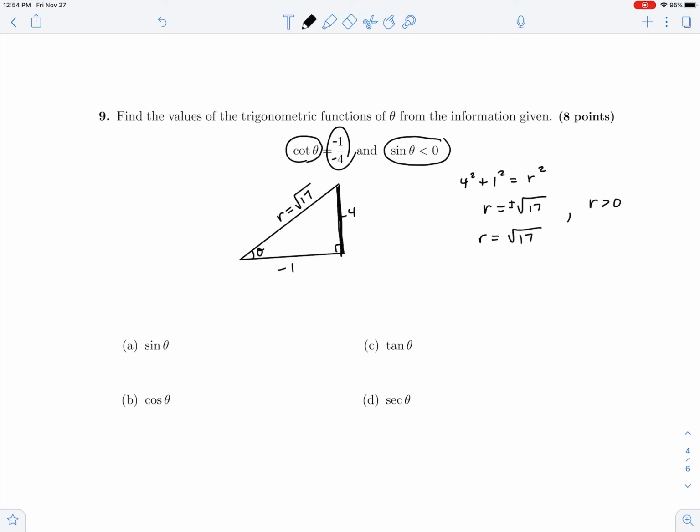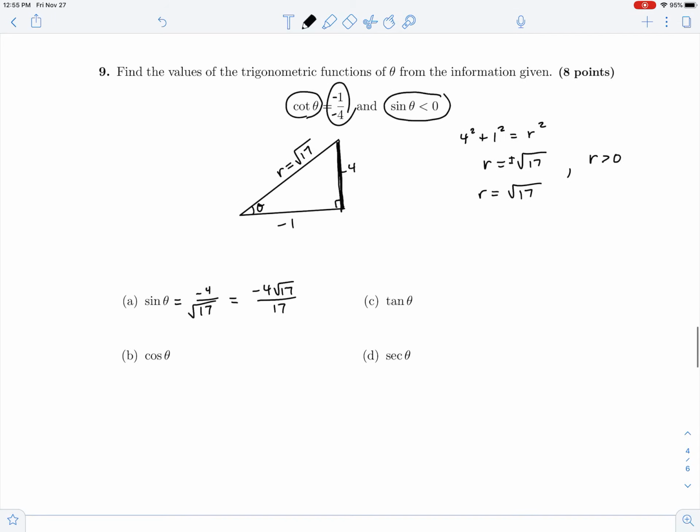That's just a convention. It'll make everything work out. And so then sine is going to be your -4 over root 17. You can rationalize these denominators if you like, but it doesn't matter if you do or don't. That's fine. So finish off the rest of those trig functions.